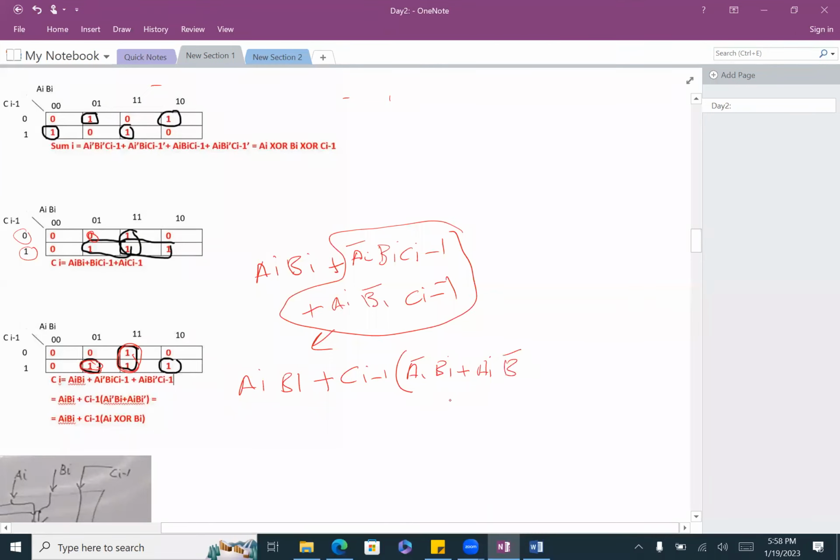Can you tell me what this is? Correct, this is AI XOR BI. Perfect. So the final result is going to look like this.